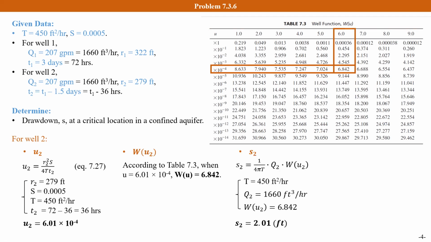Next, we use the equation to calculate S2, which equals 2.01 feet. And the last step is to add these two drawdowns together. So the total drawdown S equals S1 plus S2, which equals 4.14 feet.